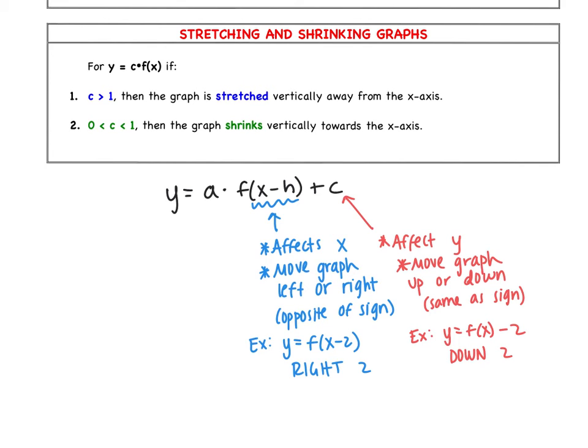And lastly, this number out in front. This is going to do 2 things. First of all, it's outside of the parentheses, so again, it affects y. It does one of 2 things. It can stretch or shrink the graph.